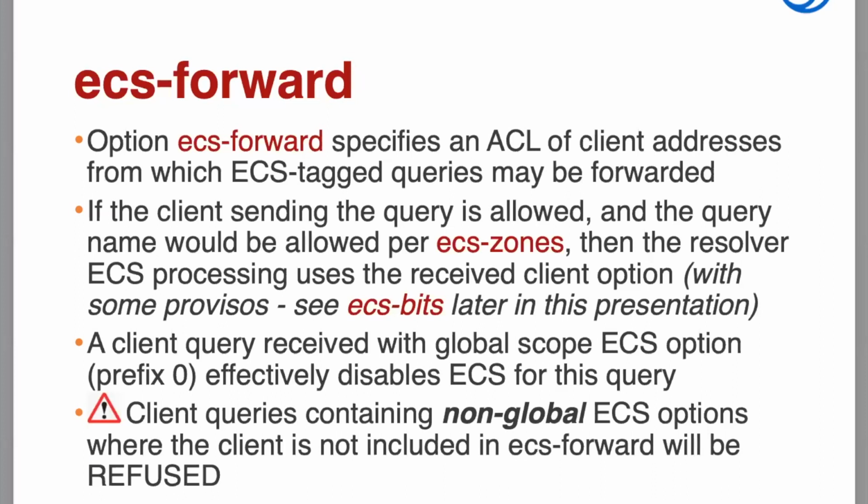I'm going to respond with refused. So have a think about that one when you are enabling ECS in your resolver configurations. The one exception is the point above, which is that any client, irrespective of whether they're in ECS forward or not, can say, don't do ECS for me. So this is why that last bullet point says client queries containing non-global ECS options will be refused.